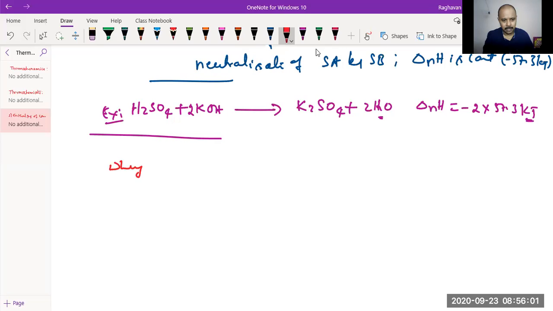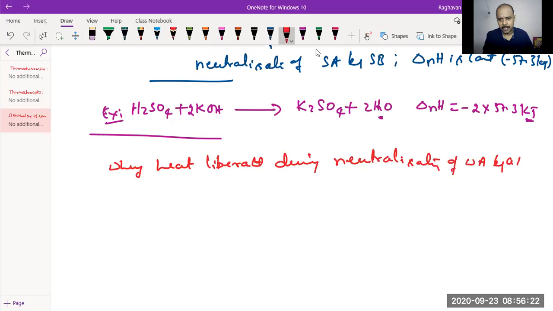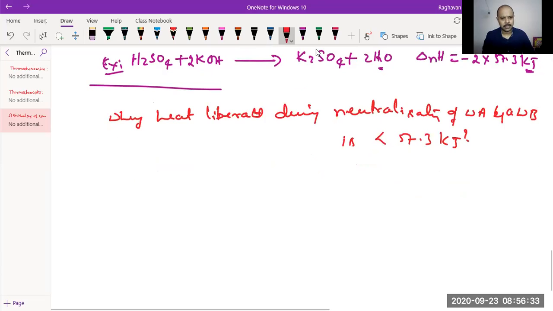Why is heat liberated during neutralization of weak acid by a weak base less than 57.3 kilojoules? I think now you can explain. Some of you also have explained almost correctly why it should be like that.